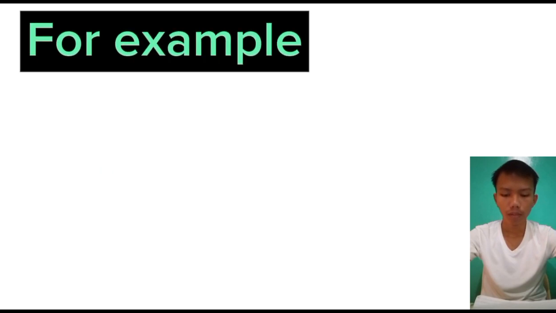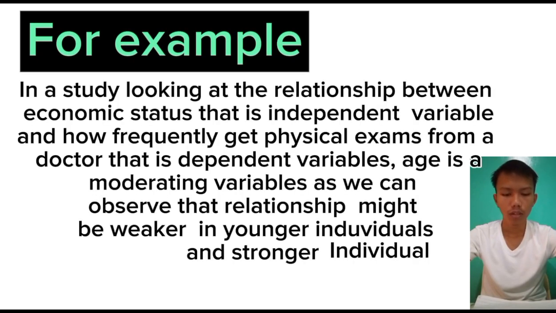For example, in a study looking at the relationship between economic status, that is the independent variable, and how frequently people get physical exams from a doctor, that is the dependent variable, age is a moderating variable, as we can observe that the relationship might be weaker in younger individuals and stronger in older individuals.